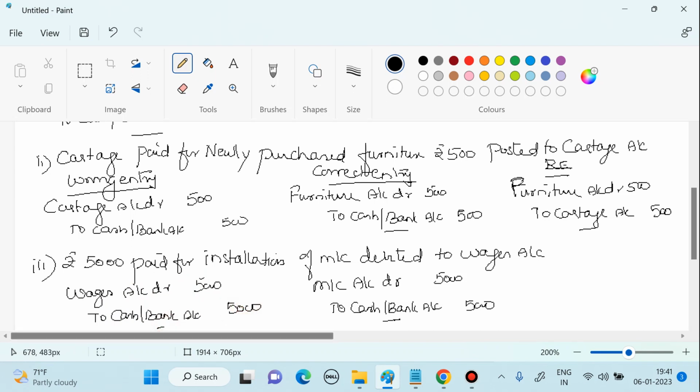So to rectify it, what should we do? We should have debited machinery, so now we will debit. And wrongly we had debited wages. We'll nullify it by crediting it.